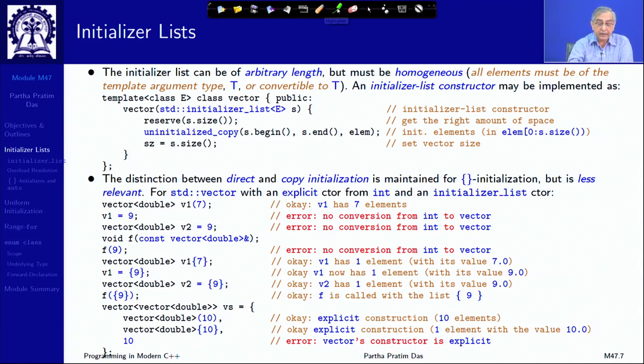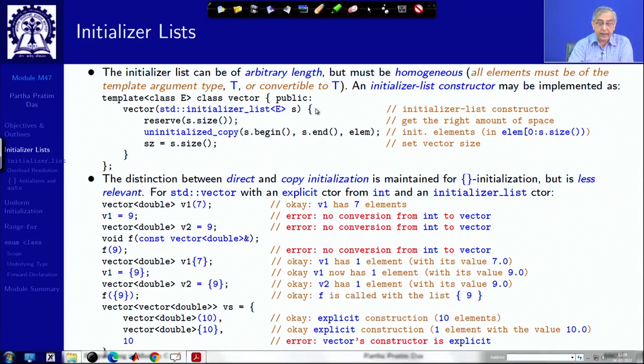With that I can write a constructor of vector which takes an initializer list of underlying type E. So, it is a vector of E, and that list is S. Internally I reserve the space that is required for S, and then I do an uninitialized copy, which is an algorithm available.